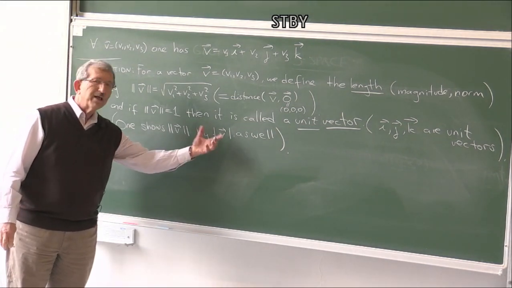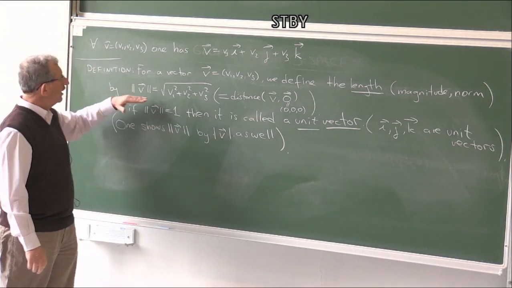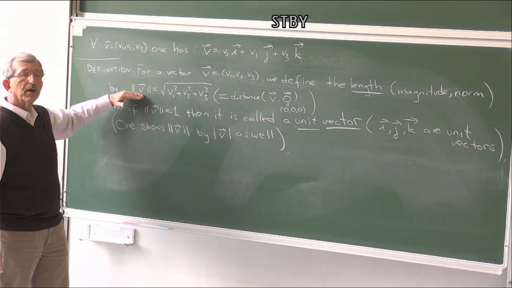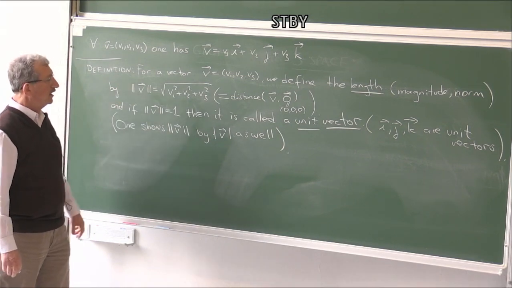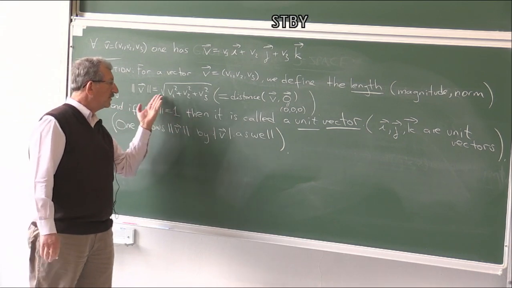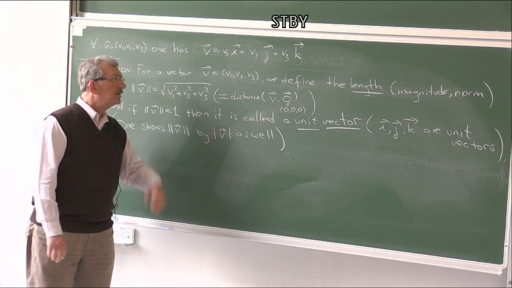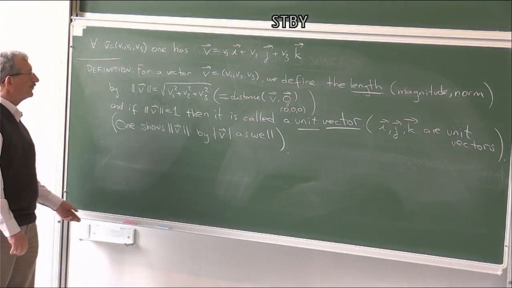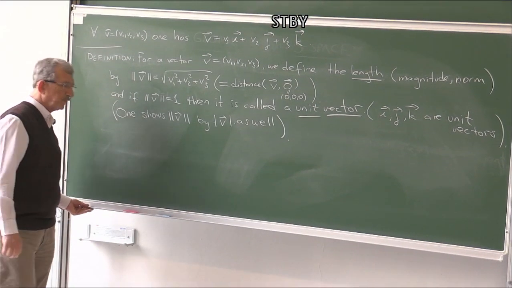So I will emphasize this fact: whenever I use a vector, I will be using double bars. It will mean the same thing, the same as this magnitude.